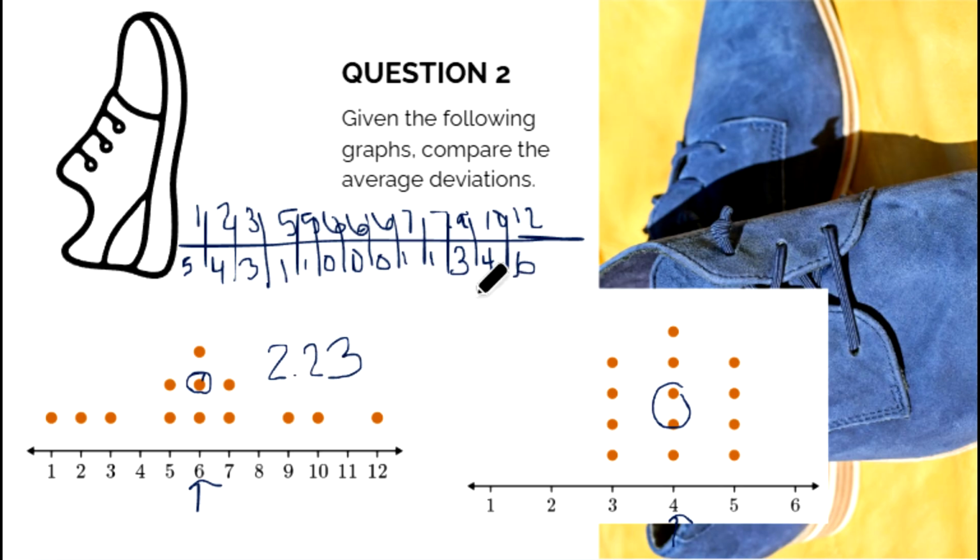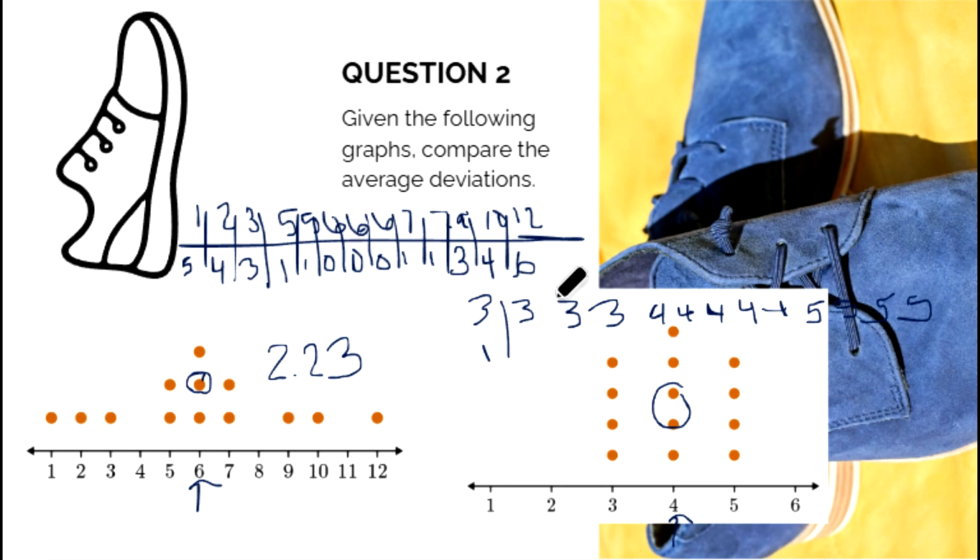Let's figure out this one. We have 3, 3, 3, 3, 4, 4, 4, 4, 4, 5, 5, 5, 5.